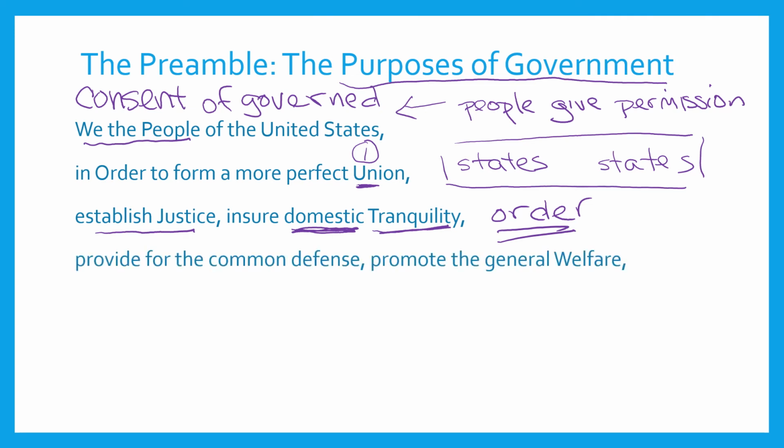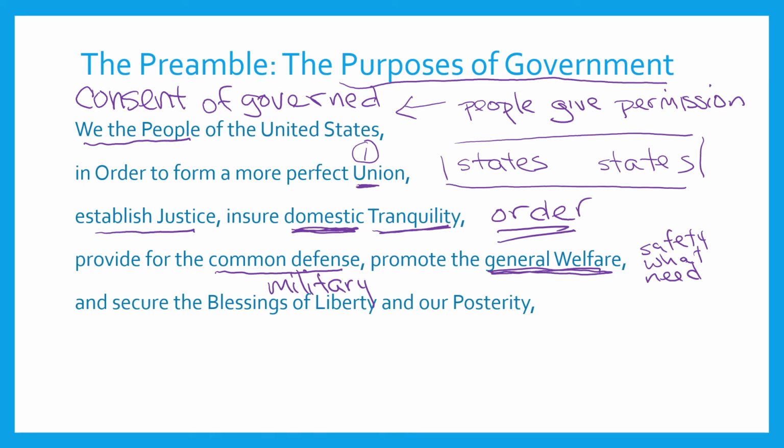To provide for the common defense. Okay, that's our military. Promote the general welfare. Okay, that's taking care of people. Making sure that people have safety and can have what they need. And secure the blessings of liberty.